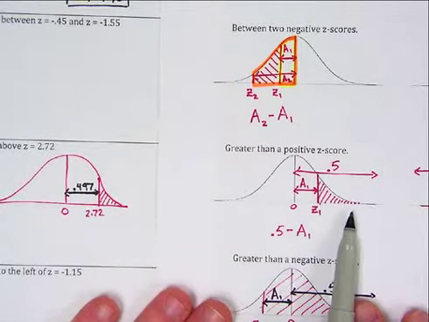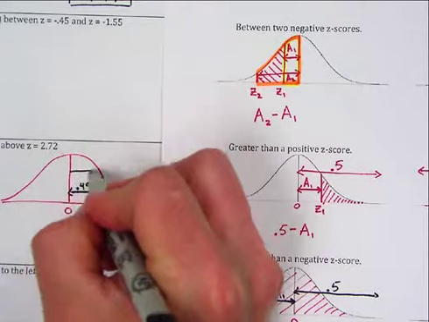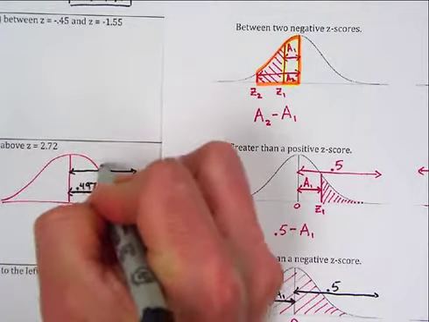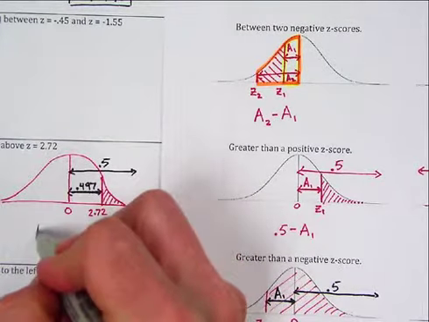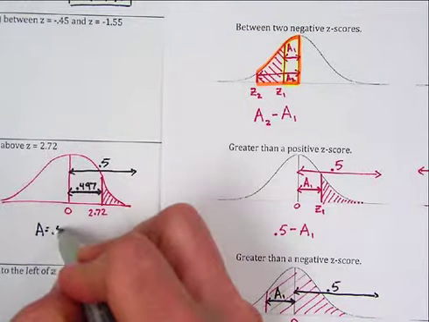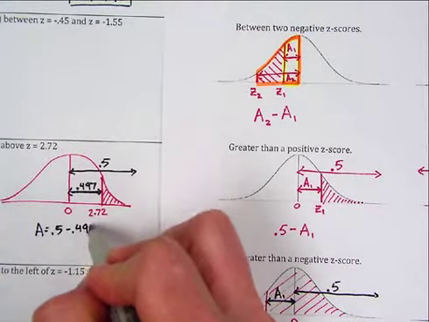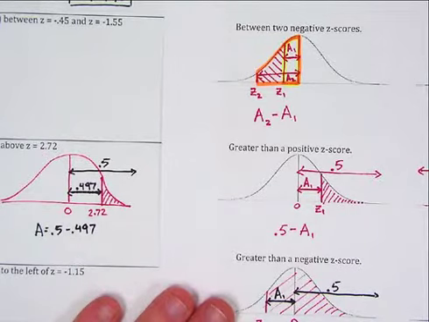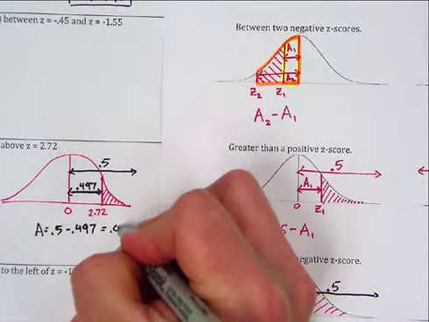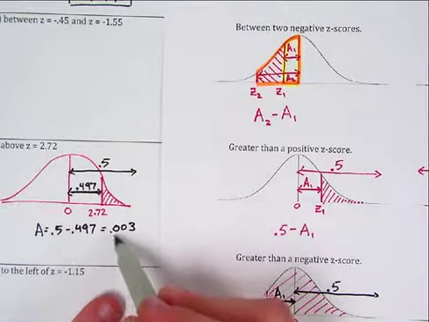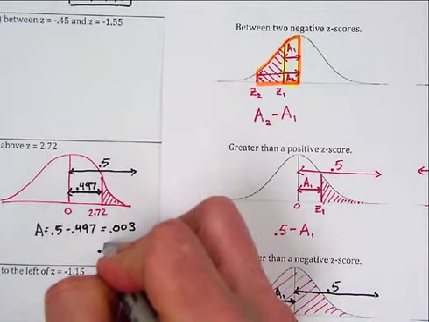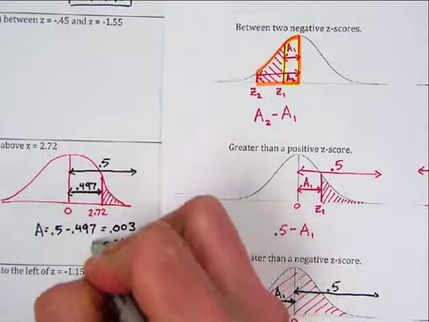Looks just like this. So we do need the 0.5 from here. It looks like we're going to subtract our area. And this gives me 0.003. And when we convert this to a percent, we move the decimal 2 to the right. We actually have 0.3% of the data.